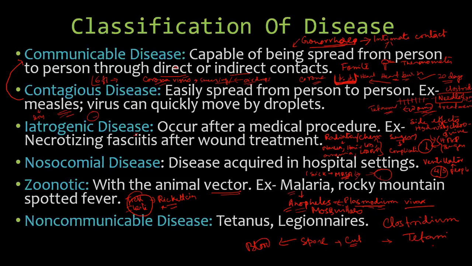Then only you are going to get it, because for Clostridium tetani, entering the blood is the easiest way to get to the nervous cells, because that's the region they actually infect. If you ingest the spore, nothing will happen.